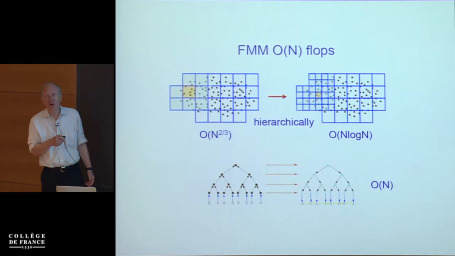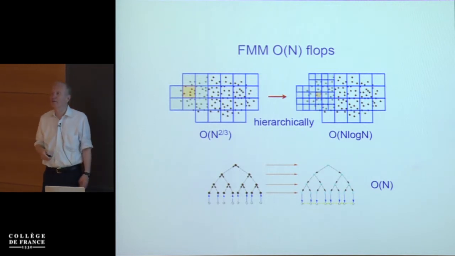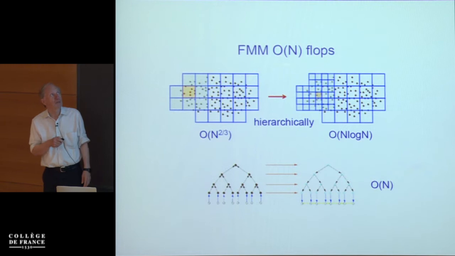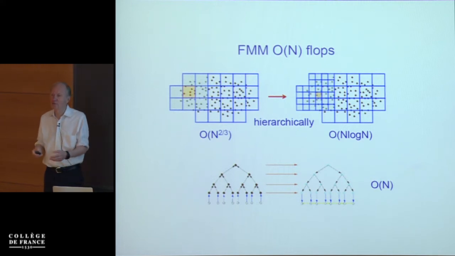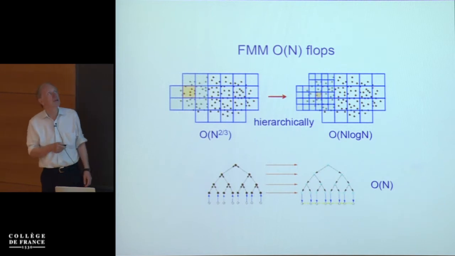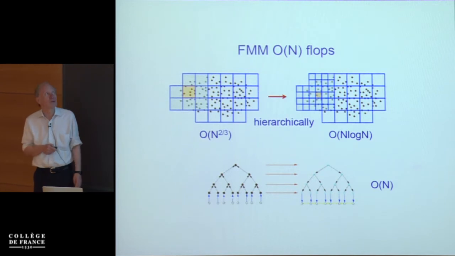But nearby, you only have a finite number, square root of n. So you have n times square root of n, this amount of cost. At the far field, you have square root of n boxes, but you only need a finite number of operations for each of these boxes. So you get this gain from n squared to n to the 3/2.